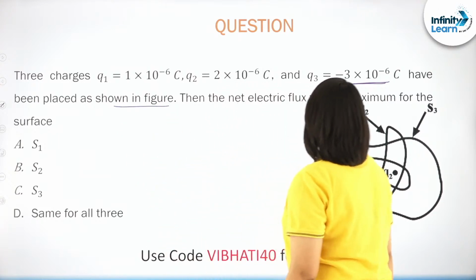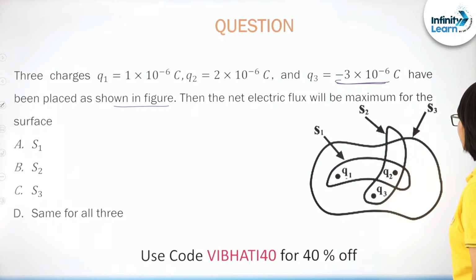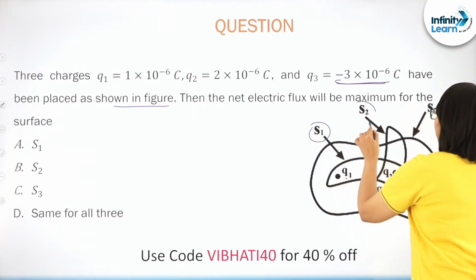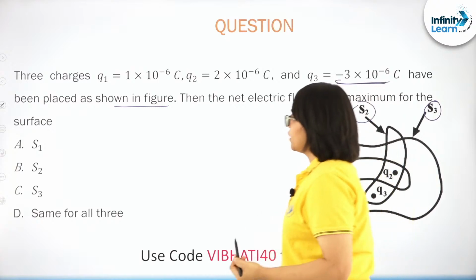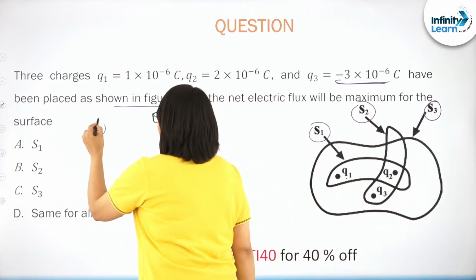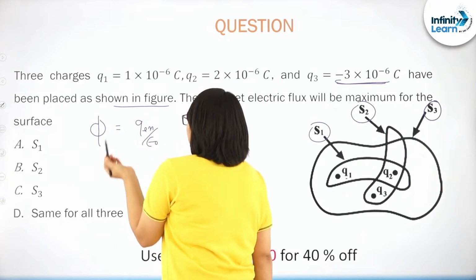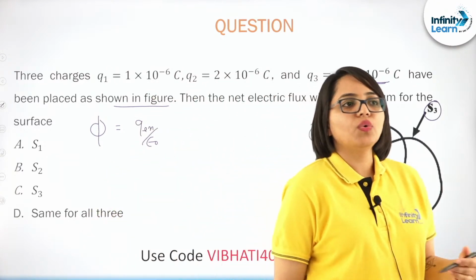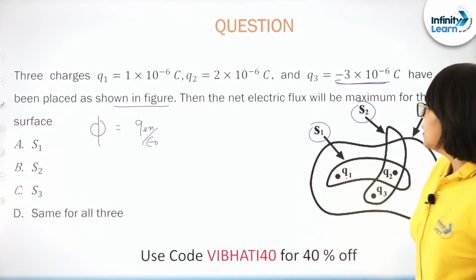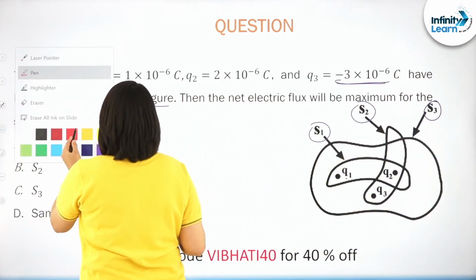Then the net electric flux will be maximum for which surface? We have three surfaces, S1, S2 and S3. You have to tell for which surface the electric flux will be maximum. Electric flux is Q enclosed upon epsilon naught, which is constant. So flux is directly proportional to what? Q enclosed, right?